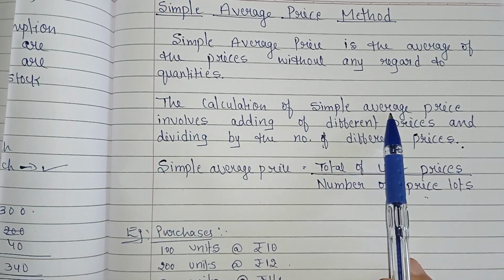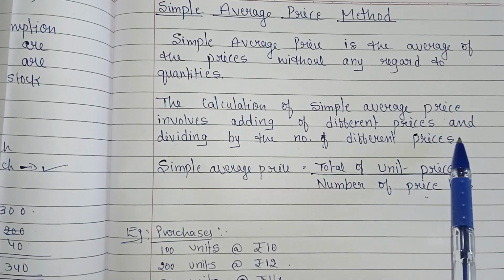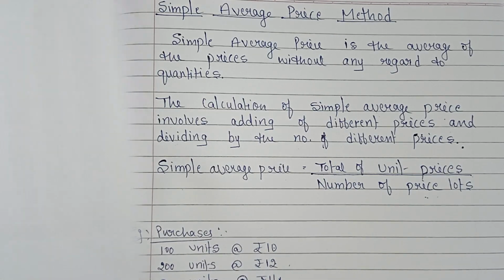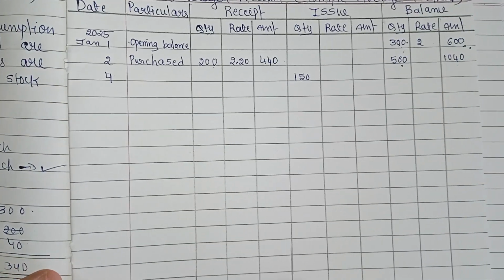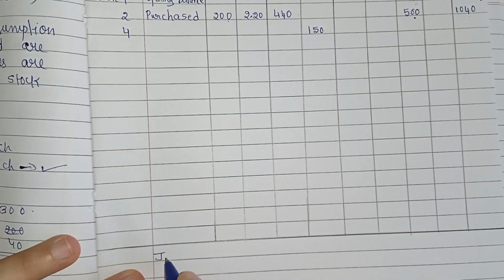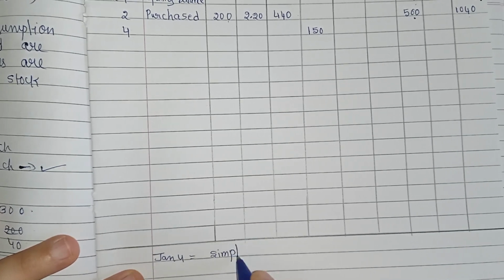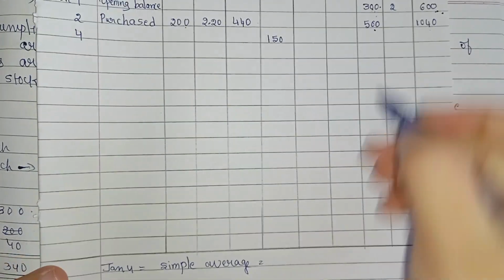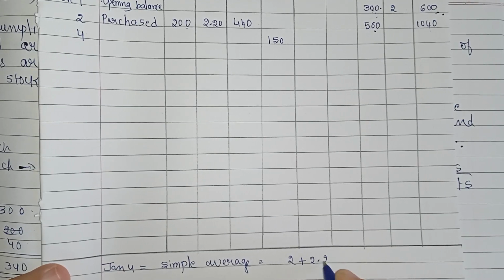The calculation of simple average price involves adding different prices and dividing by the number of different prices. So total of unit prices divided by number of price lots. Here we have to take the price of balance or purchases. So write down here Jan 4th simple average equals 2 plus 2.20.